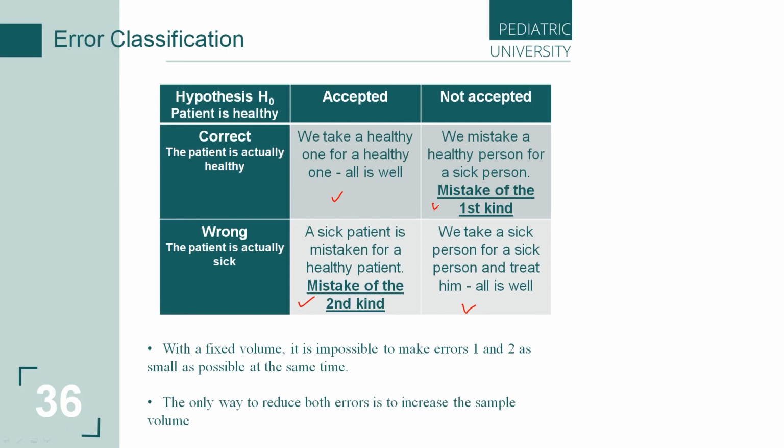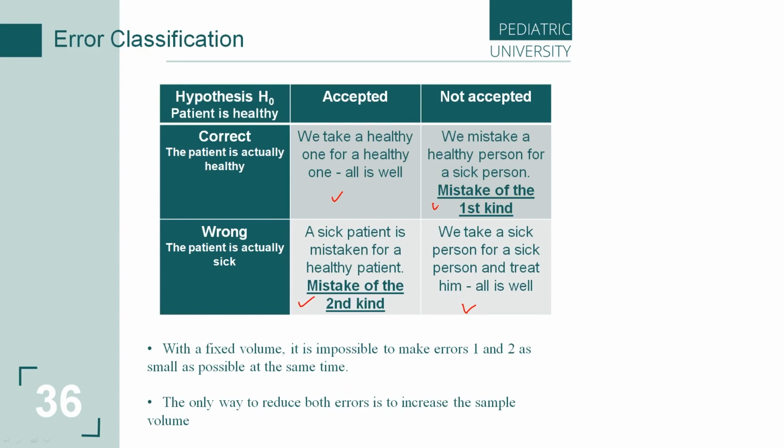If we try to reduce error of the first kind, that is, rejecting the correct hypothesis and taking a healthy patient for a sick one, we won't go around committing errors of the first kind. We will be less likely to mistake healthy patients for sick ones.